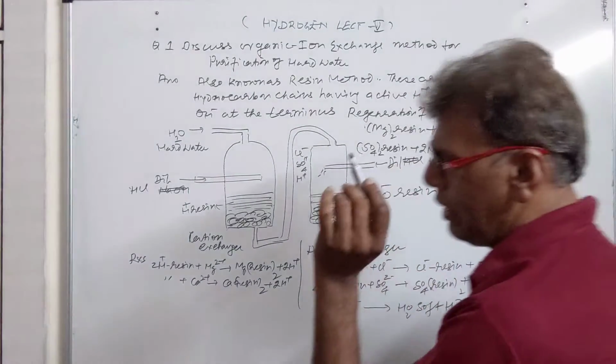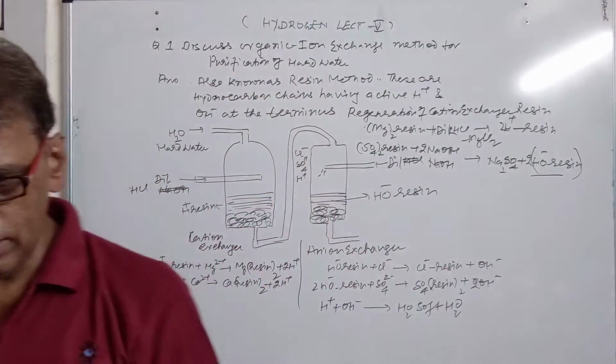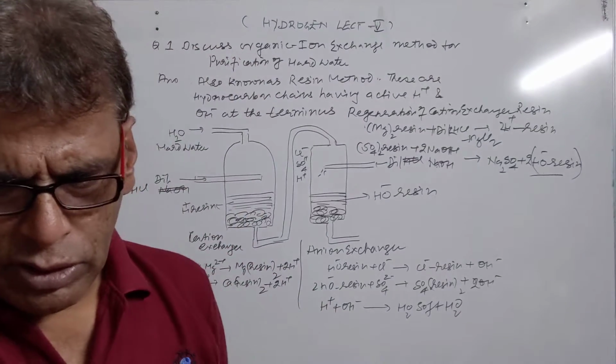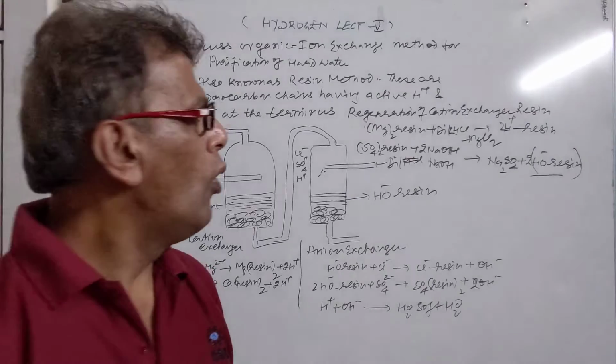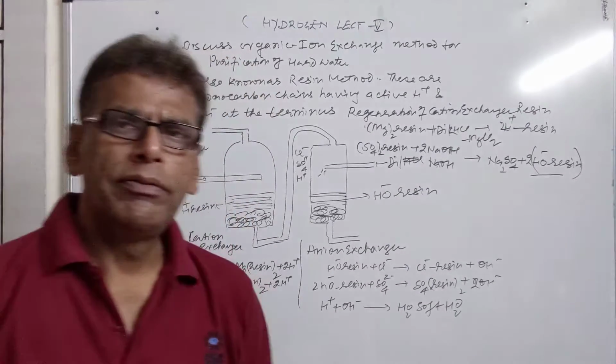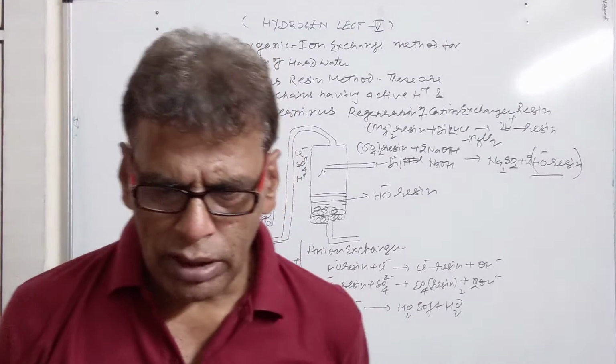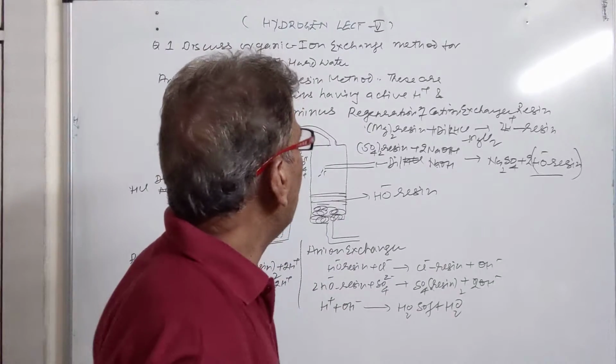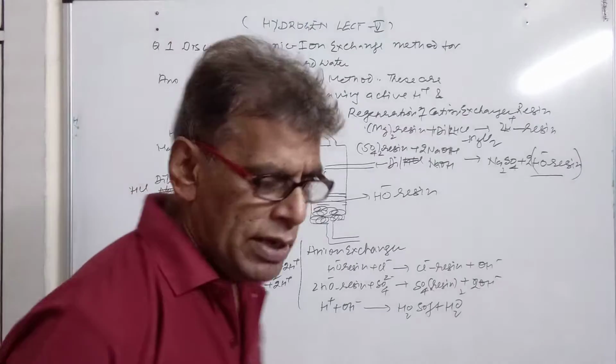So resins are regenerated in the end and can be used again for the purification of water. So this is the way we purify hard water, how we convert hard water into soft water by using the organic ion exchange method or resin method.